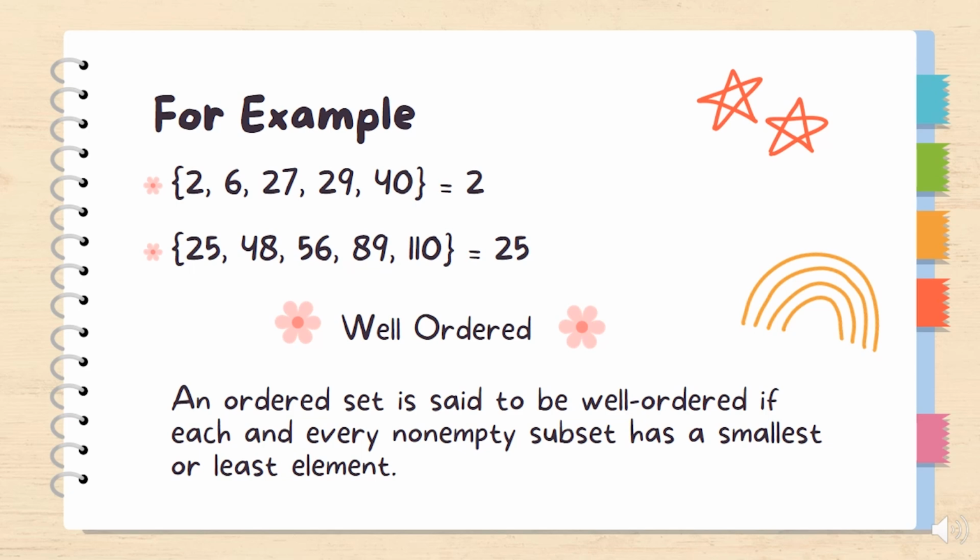For another example, we have a set of the numbers 25, 48, 56, 89, and 110. Again, it is a set of natural numbers and non-empty, so it has a minimum, and its minimum is 25. By these examples, we could say that the given sets are well ordered. An ordered set is said to be well ordered if each and every non-empty subset has a smallest or least element. And that is the case for the well-ordering principle.